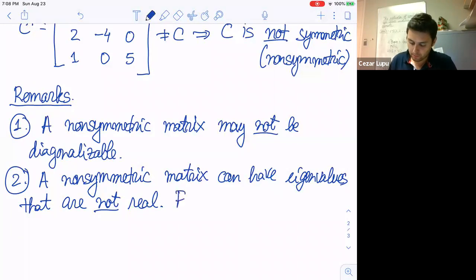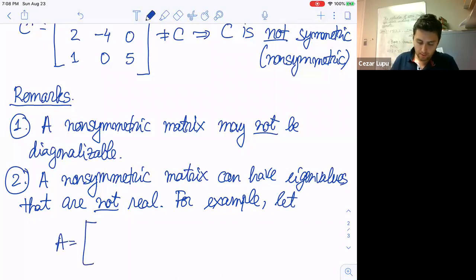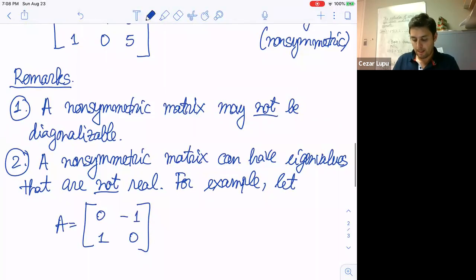For example, let's consider the following matrix. Let A be 0, -1, and 1, 0. This is a 2 by 2 matrix.